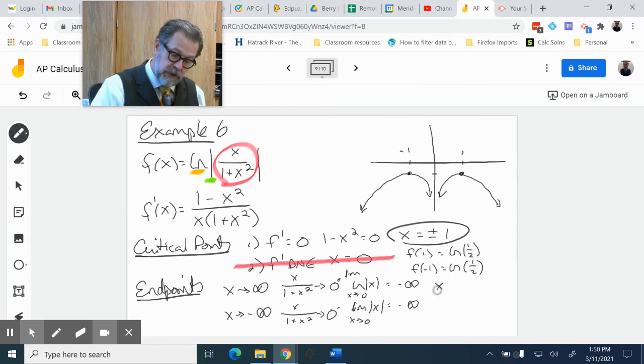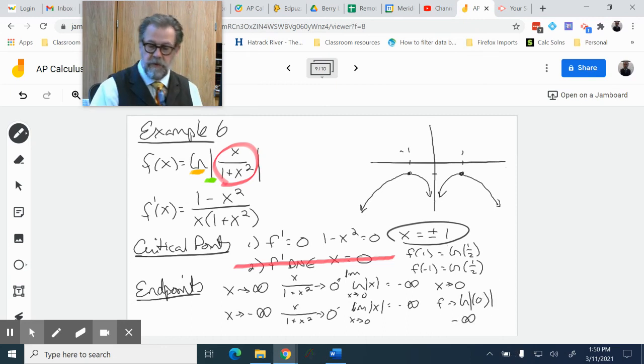What happens as x approaches 0? As x approaches 0, the function approaches natural log of 0, which is negative infinity from both sides.